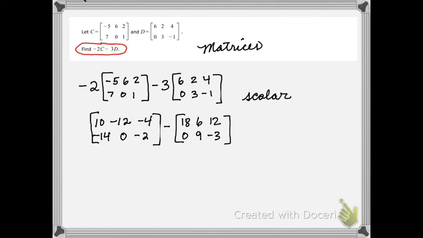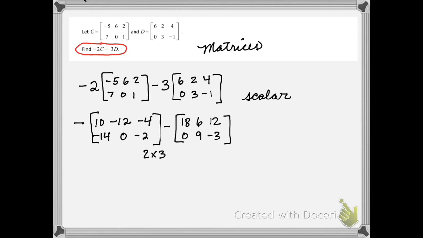And then we have matrix subtraction. One thing to note is that in order to be able to add or subtract a matrix, they have to have the same dimensions. So this matrix here is 2 by 3 because it has 1, 2 rows and 1, 2, 3 columns. So we say that's 2 by 3.